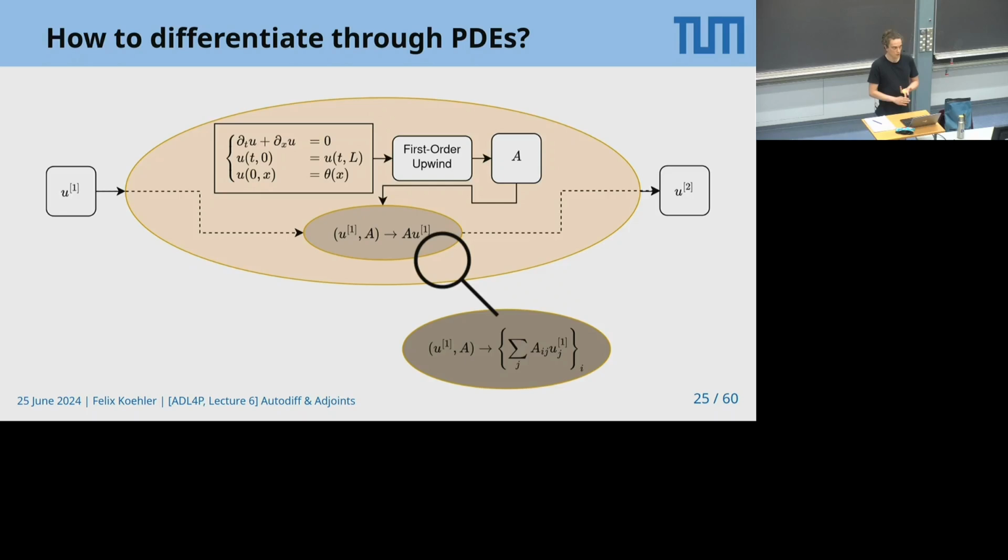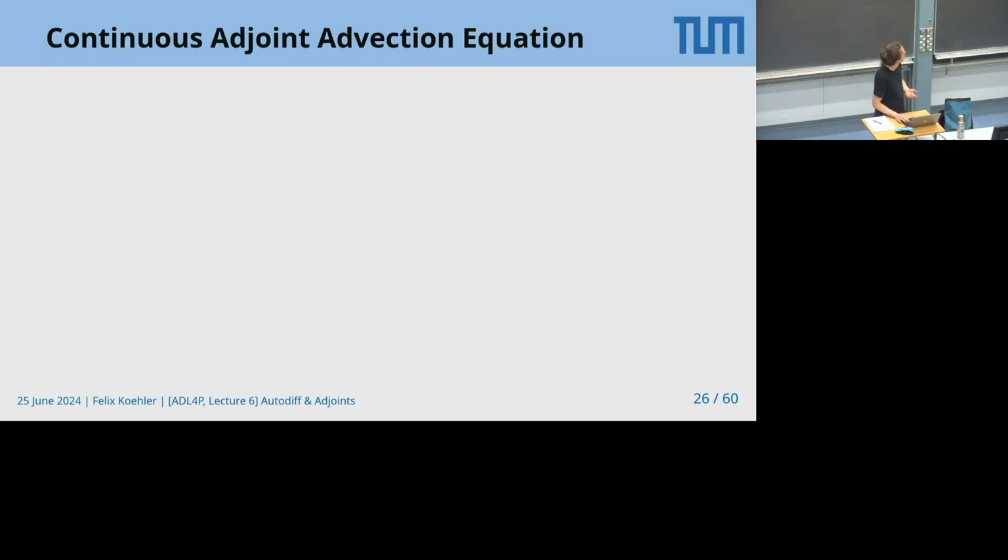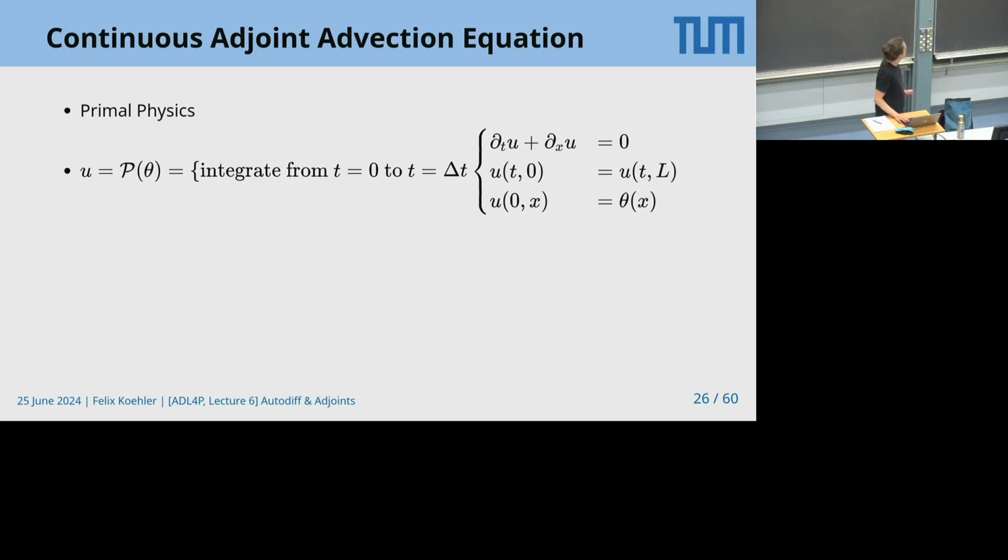How does it work on this continuous level? Here it turns out that you have this primal physics, and I already mentioned you can interpret this as an advection problem, advancing the state from one time level to the next. So I said I have this physics, let's call it calligraphic P, which takes in an input. I used theta here, sorry, this is a bit confusing.